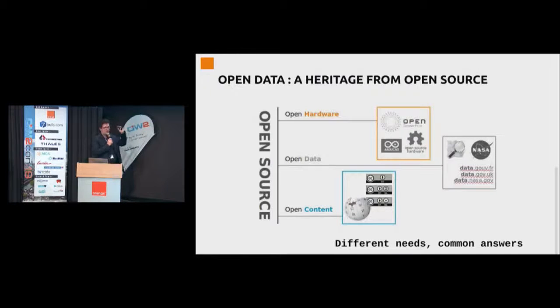All of them were thought of by the same people, and most of them are American guys and girls, and all of them thought about how we can have an open approach regarding content, data and hardware, in the same way they thought years before about software.